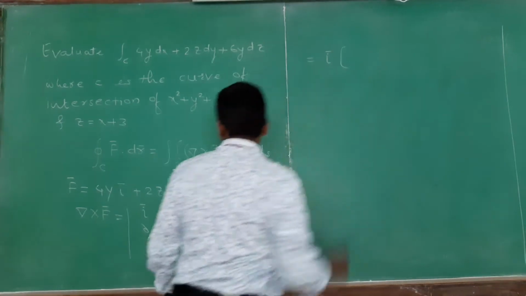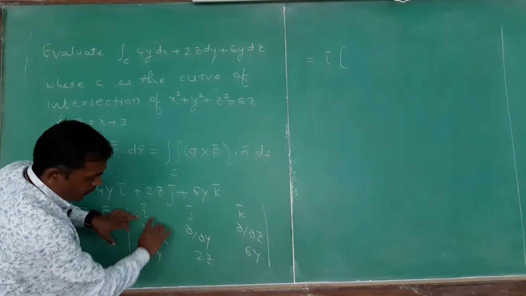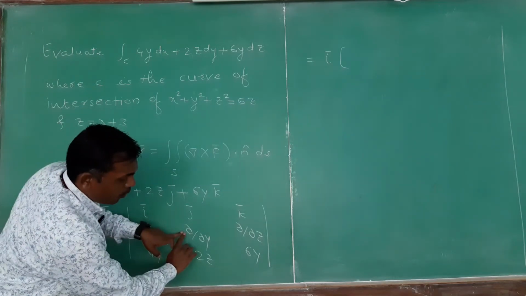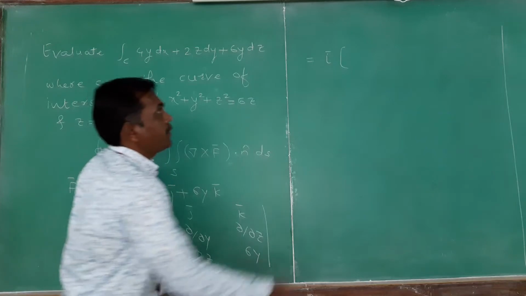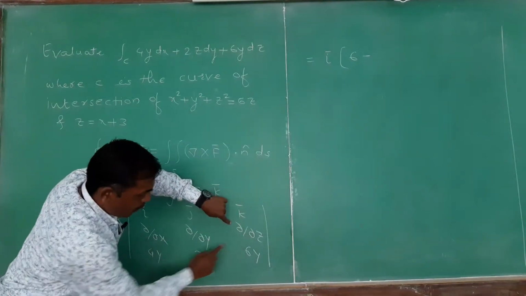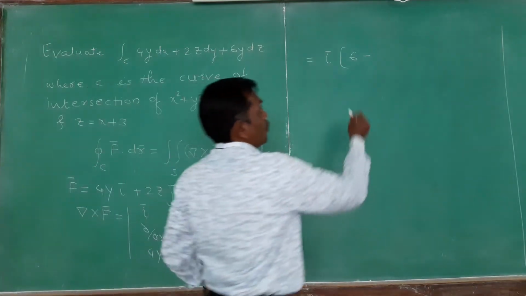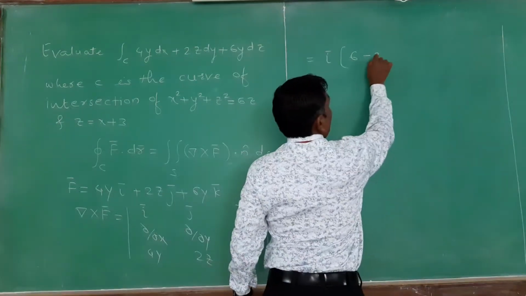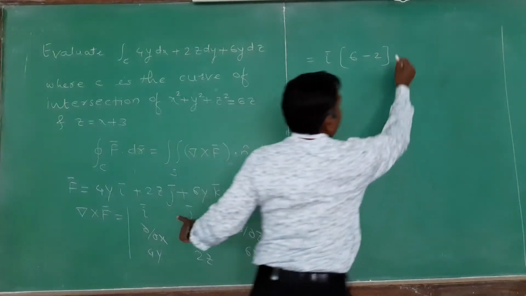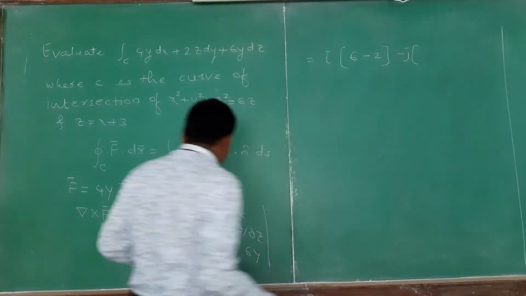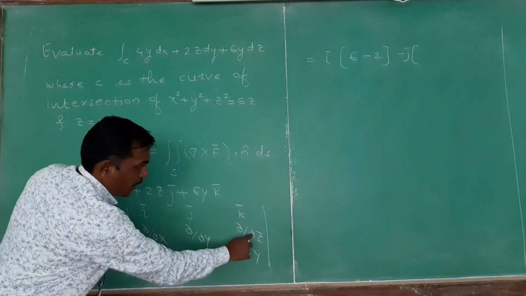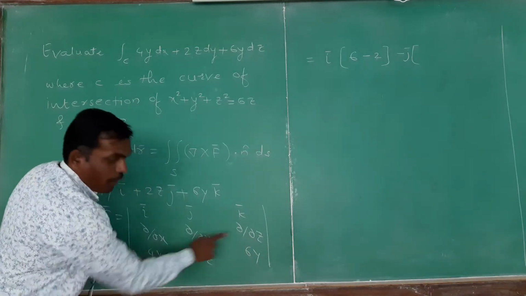i bar, here first column and first row we omit, and dou by dou y of 6y is 6 minus dou by dou z of 2z, it is 2. So i bar into 6 minus 2, minus j bar into, with respect to x derivative of 6y is 0, and with respect to z derivative of 4y is 0.